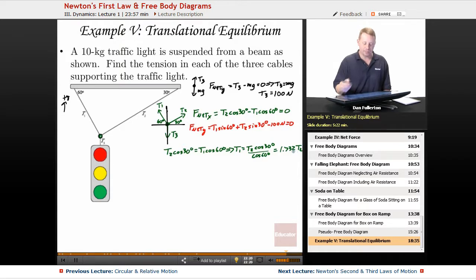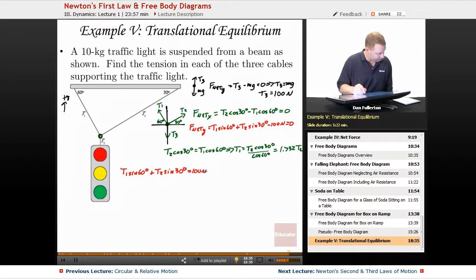We can take that and plug it into our red equation, the net force for the y direction, by writing that T1 sine 60 degrees plus T2 sine 30 degrees equals 100 newtons. Since we know that T1 equals 1.732 T2, we can replace T1 with that.